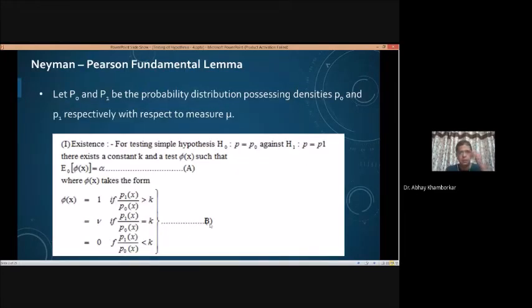अगर आप लोगों को थोड़ा, so I am considering this test B, right?